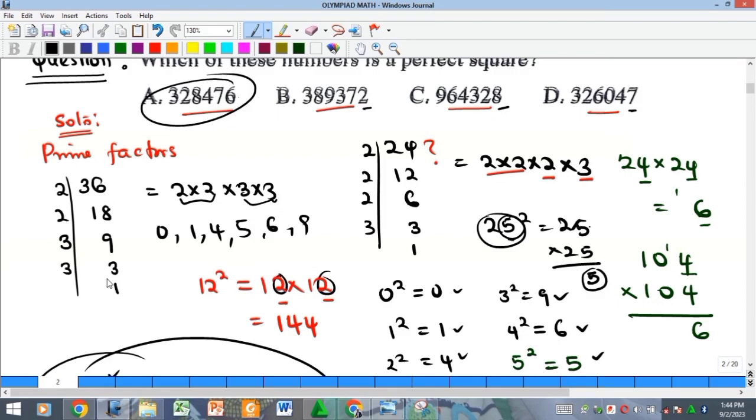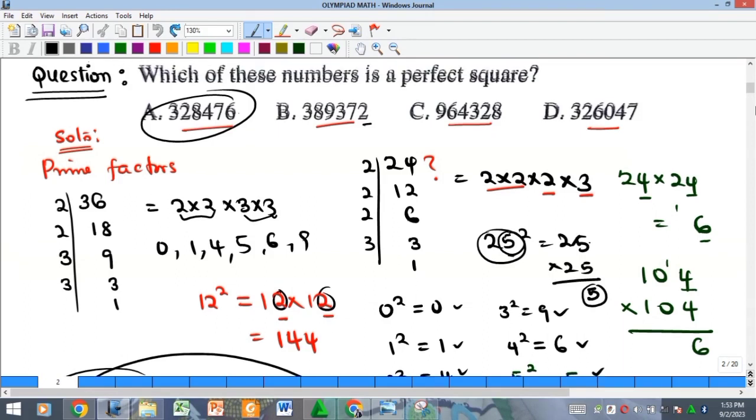And of course, if you take the square root of that, you will see that you get a perfect number. Notice that if you run a check for this question, you will see that option A is actually not a perfect square.